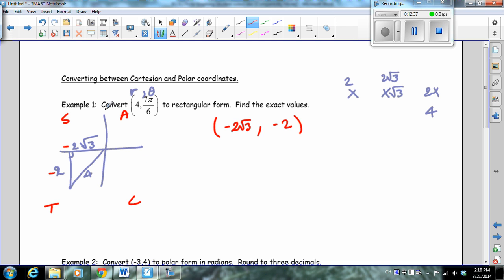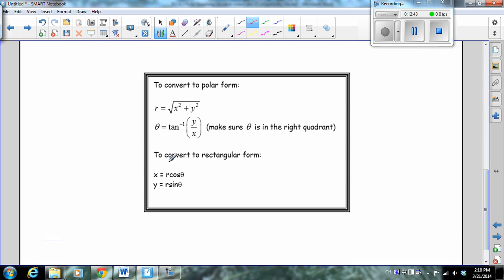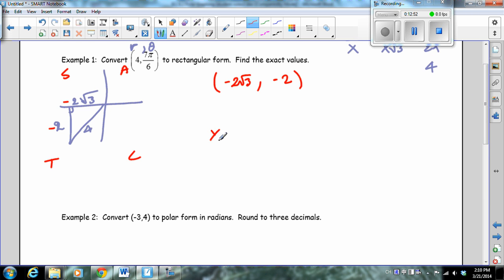By the way, if you know how to handle this, great. If you don't know, there are a few formulas. I'm skipping and going straight to the formulas here. x equals r cosine theta and y equals r sine theta. If I want to use x equals r cosine theta, I will therefore say r here is 4, cosine of angle 7 pi over 6.